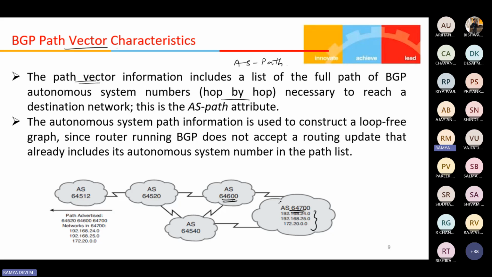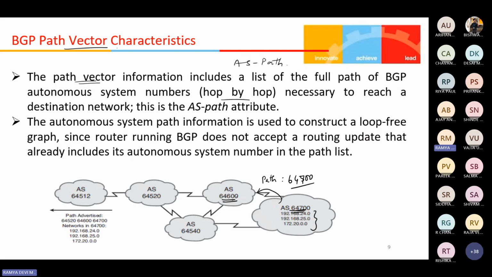when it advertises these networks, it will be adding its own AS number to the path attribute. So what will be the path? The path will be 64700. So this information will be copied in the path.